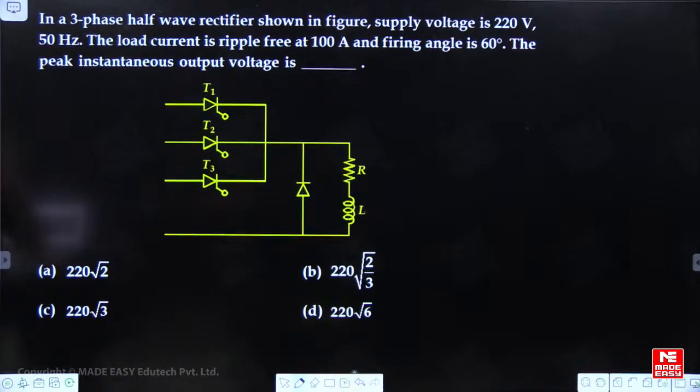Unfortunately, the same mistake is repeated by many students. Be careful with such type of questions, my dear students. Very simple, but many students do the same mistake again and again. Be careful. Try to understand the question clearly. First you draw the waveform for output voltage and you will get the peak value, okay?